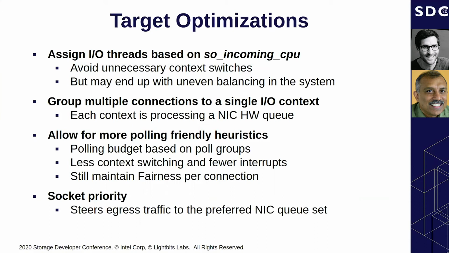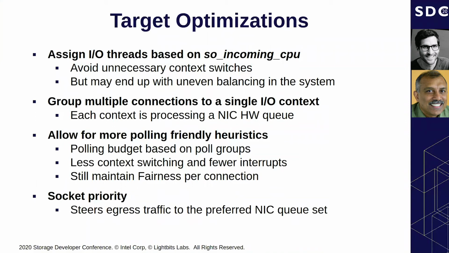So the first one that's called out here is to assign IO threads based on the incoming CPU. This technique helps to reduce context switches because the associated IO thread would be on the same core on which the inbound request came.